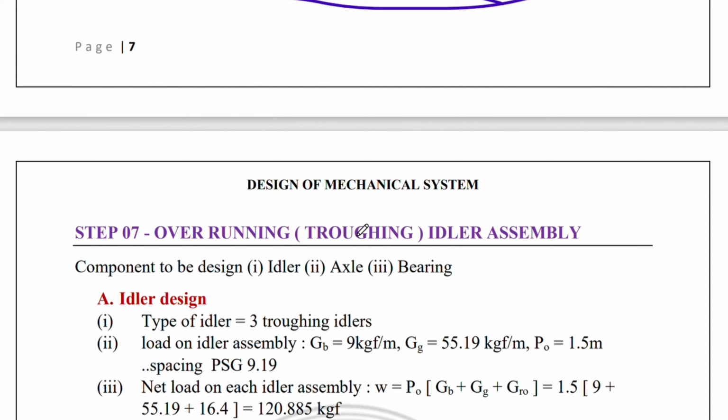Step number 7 is important because step number 7 and step number 8 are almost similar, just as step number 5 and step number 6 are similar. Step number 7 is overrunning and step number 8 is underrunning. That's it. And the designs of both are almost similar.